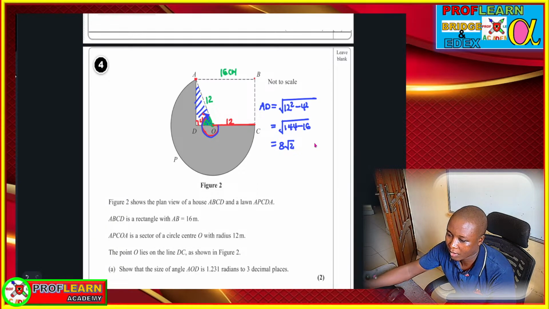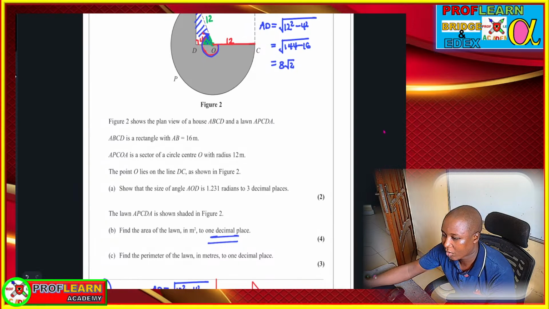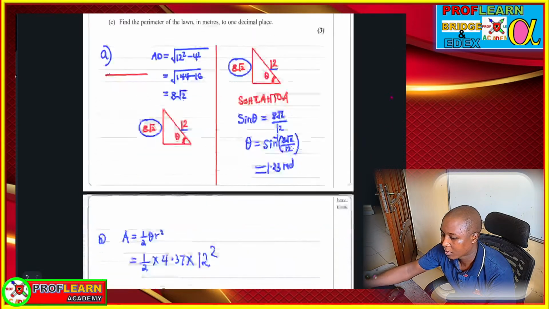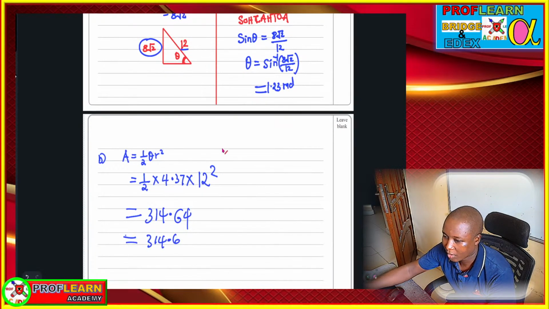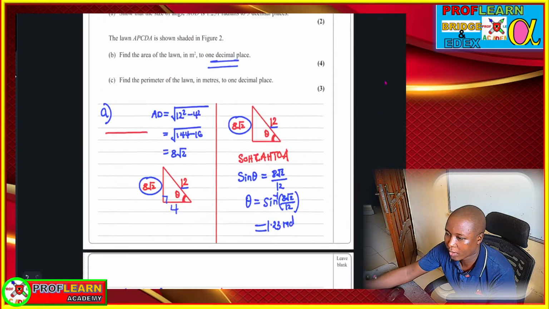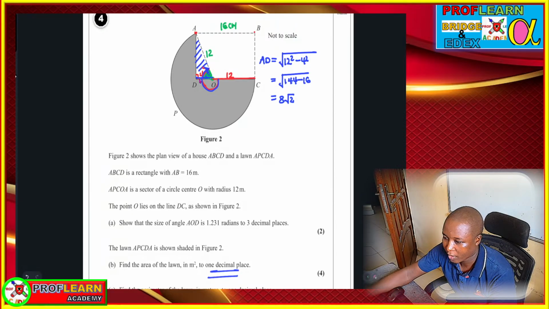But you need to understand there is this other area of the triangle that we are going to subtract. Area of this triangle is going to be equal to a half base times height. Something you need to remember about that triangle: this was 4 and the height was 8 root 2. This was 4 here, because this is 16, this is 12, then this must be 4.